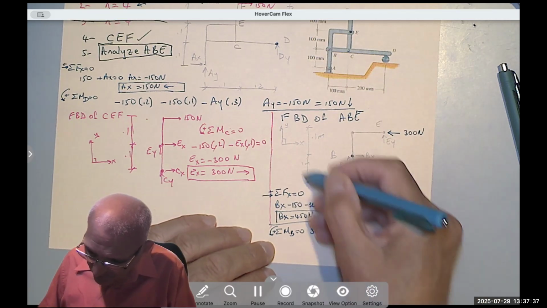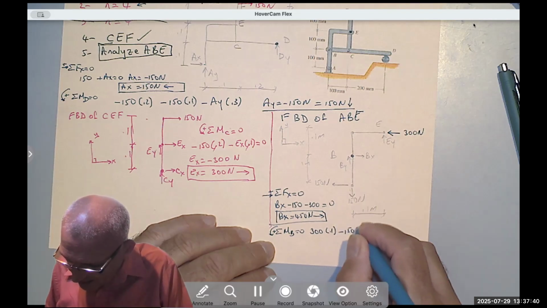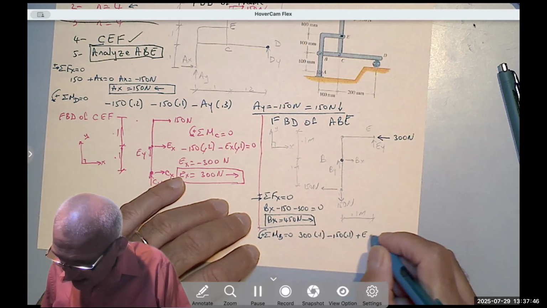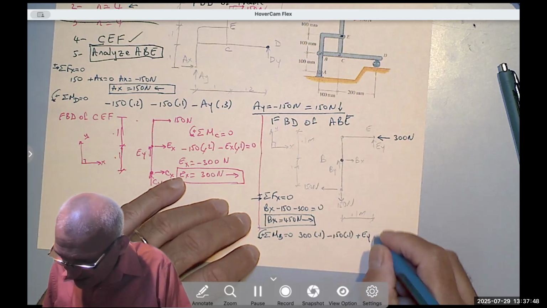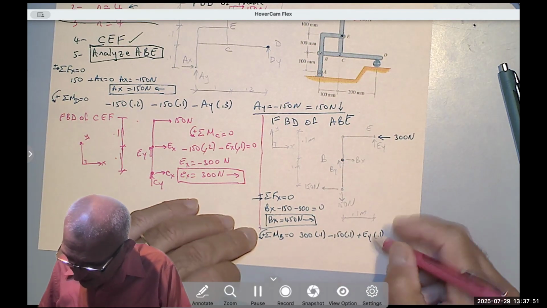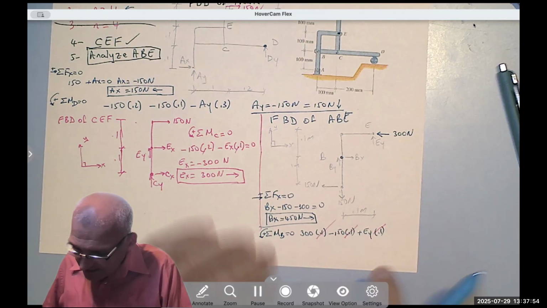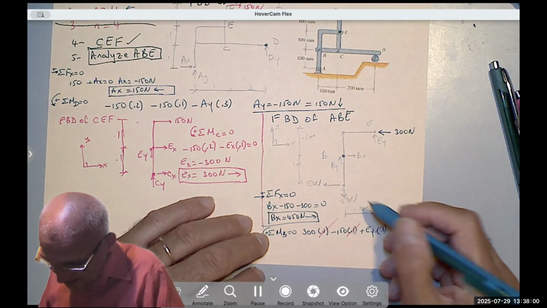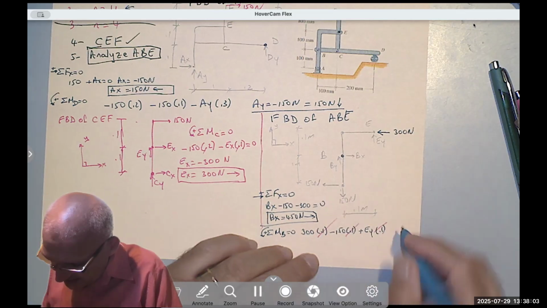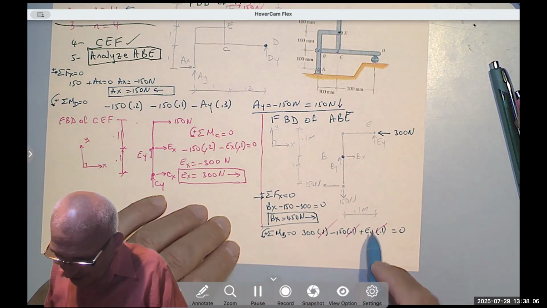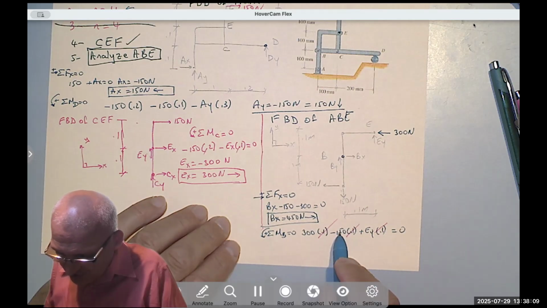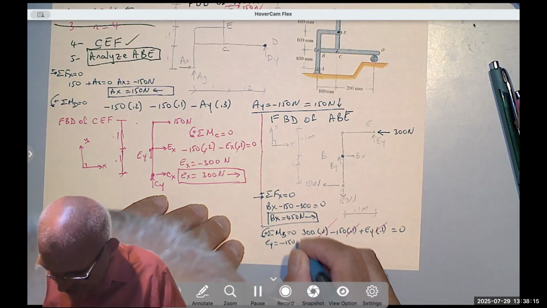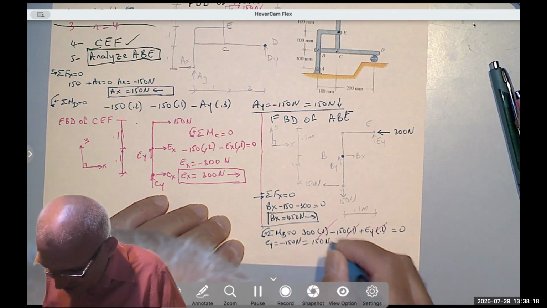You have negative 150 times 0.1. And you have positive EY times 0.1. Notice you can simplify by 0.1, and you get 300 minus 150 is 150. So EY plus 150 equals 0. EY equals negative 150 Newton, equals 150 Newton down.